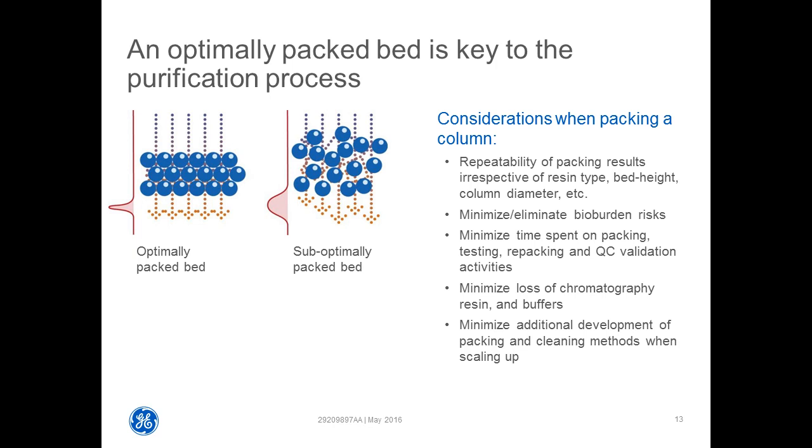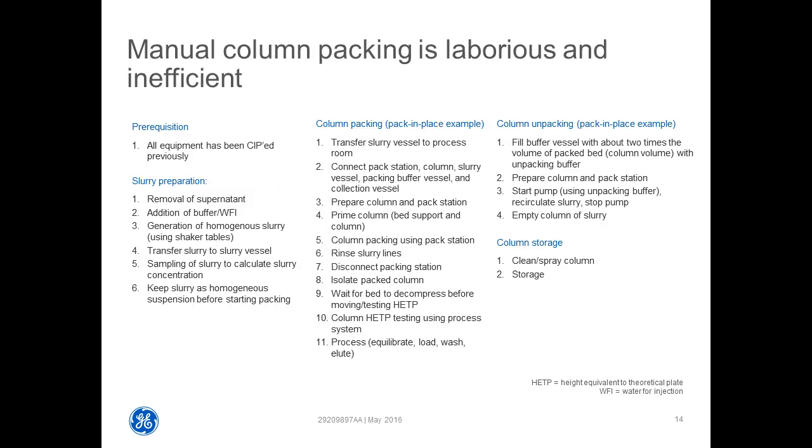Historically, the evolution that we've gone through when it comes to clean and reuse columns is that we started off with the methodology known as flow packing. Then we moved on to pack and place columns, either with manual nozzles or more of late with automated nozzles. The challenge in doing that is that there are a lot of manual steps that have to be undertaken in order to get to the final result of having a packed bed that is both stable and optimally packed.